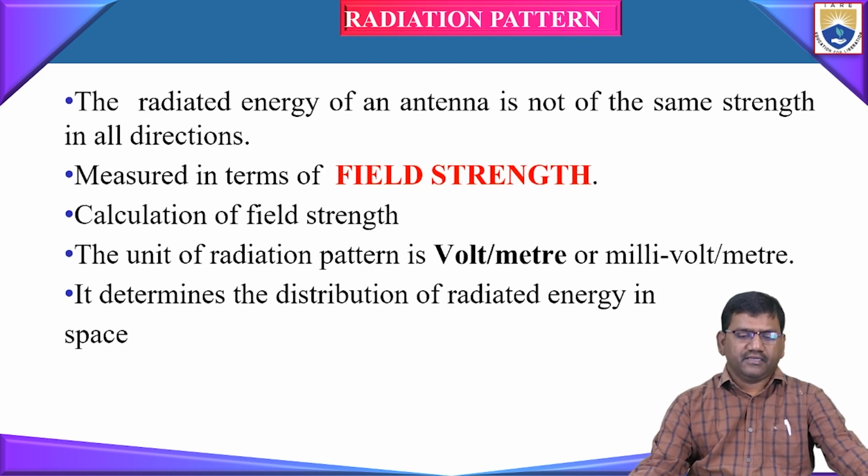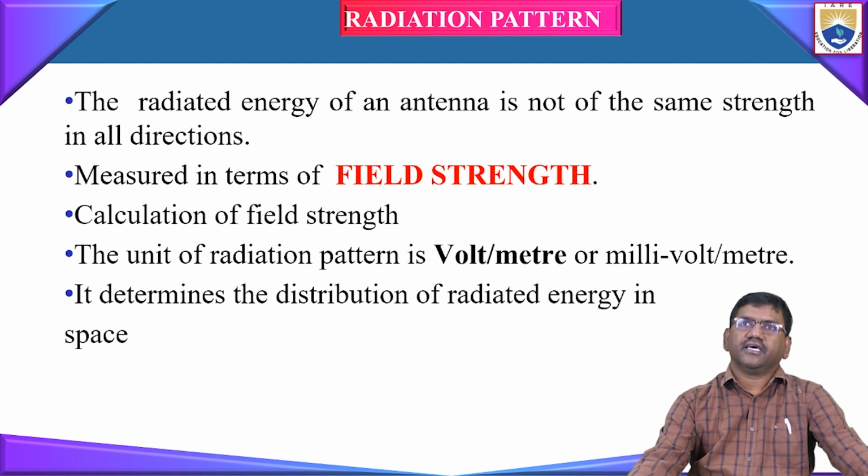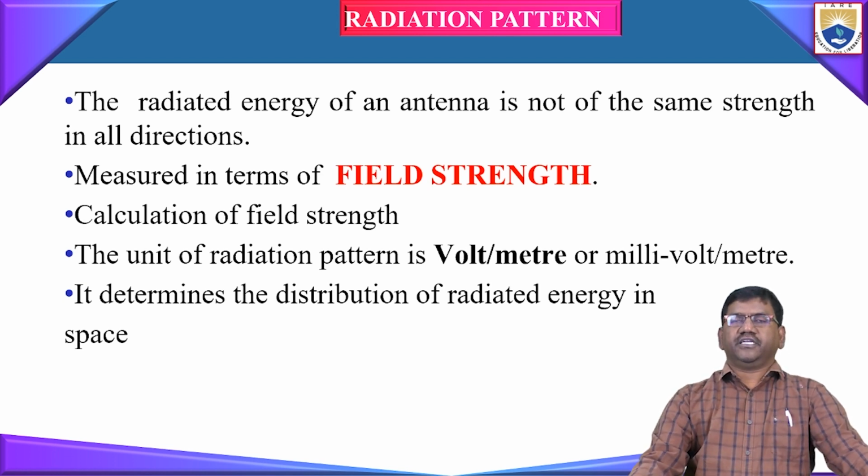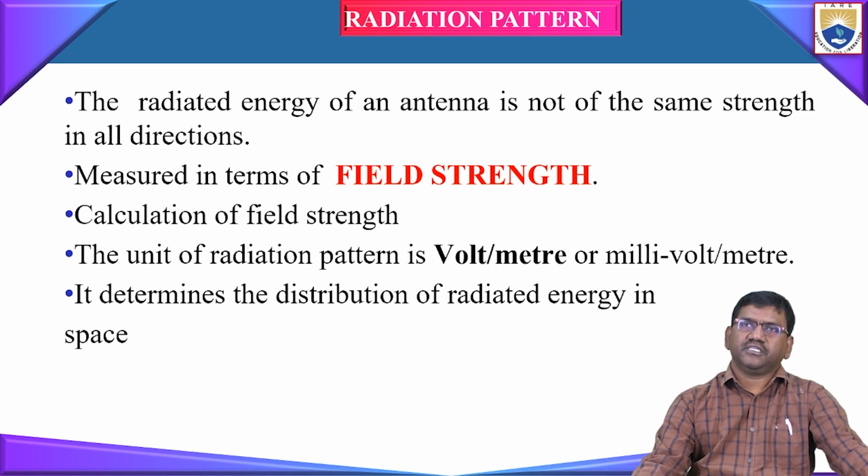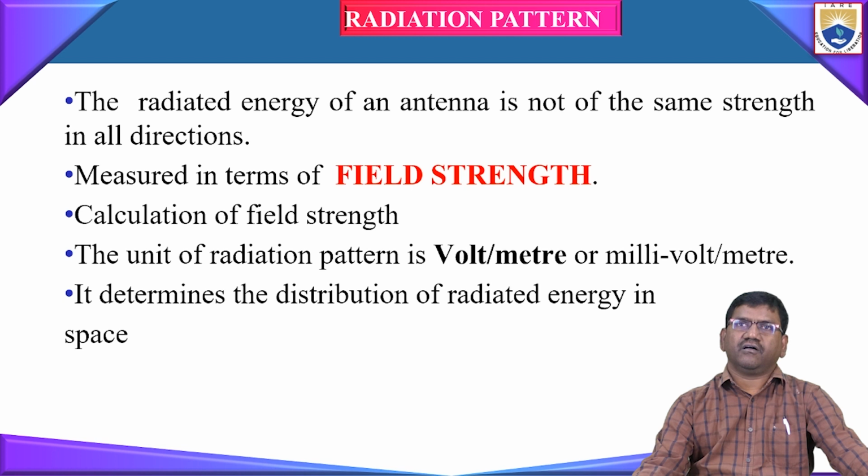The basic definition of radiation pattern is that it is a graph drawn by taking all the maximum field strengths radiated by an antenna, that is, the maximum electric field strength at all points surrounding the antenna.